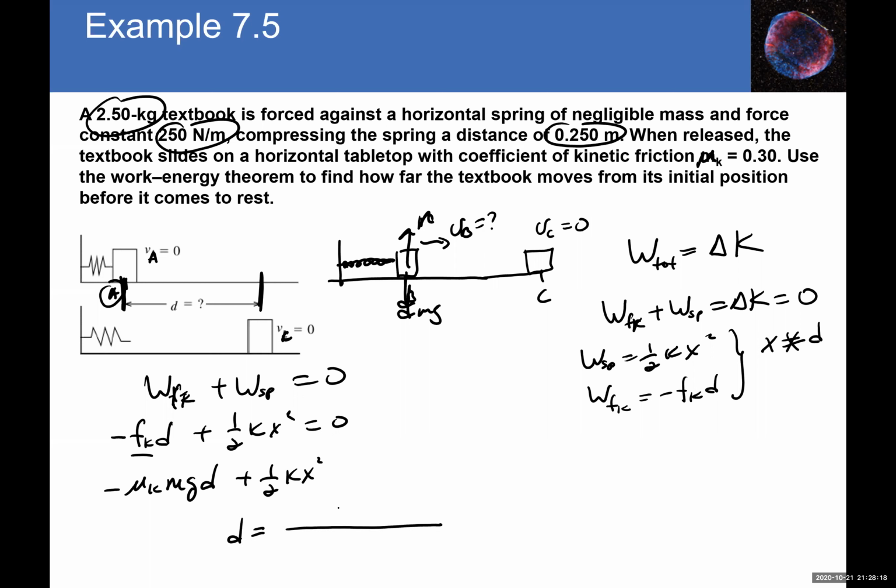So d is equal to k times x squared divided by 2 times mu k m g, because the negative will cancel out as I move the other term to the right.